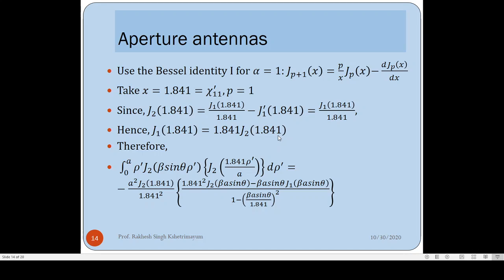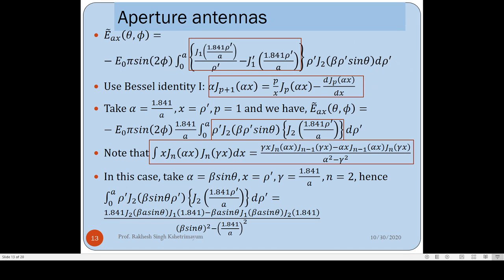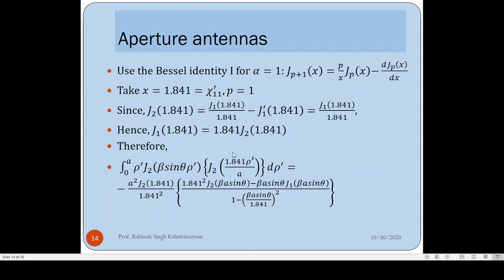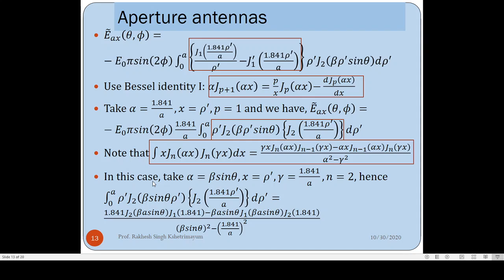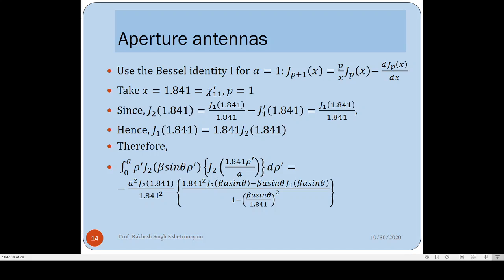So I want to replace this J1 term here so that I can take J2 common and get rid of the J1. Similarly, what you can write now is, I have taken out the common J2(1.841).